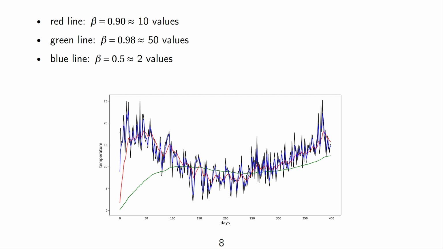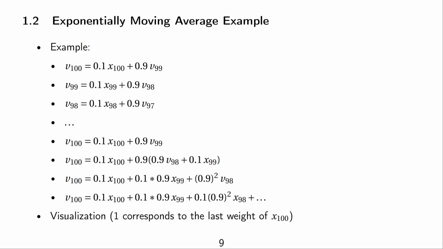It just smoothes away all the spikes going upwards and going downwards. Now going in the other direction, beta equals 0.5, where it's more like averaging over 2 values, we can see that much of the original spikiness and oscillation in the original curve is preserved in this blue line.